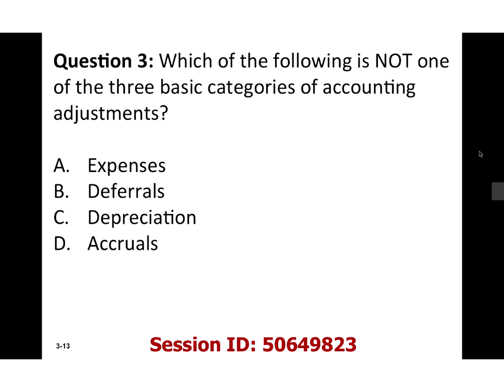Which one of those is not a type of adjusting entry? I'm going to close it in about 5 seconds. And that write this down slide, you're going to need it coming up in a few questions from now as well. So don't discard it yet.